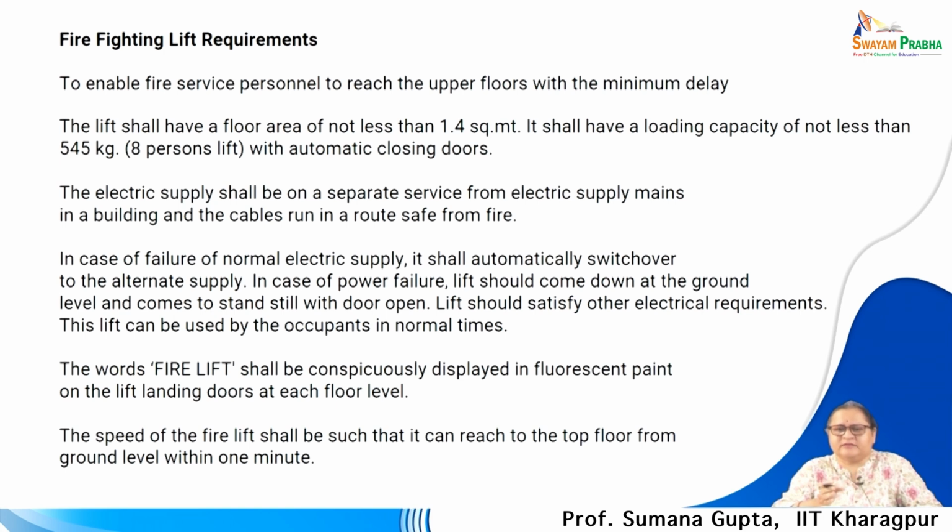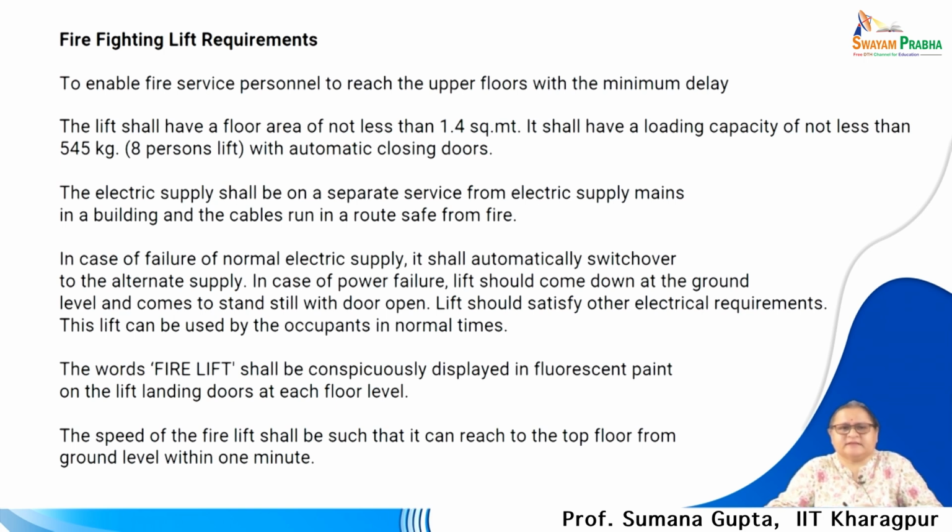Based on that, the speed of the lift has to be decided considering the height of the building, because you cannot take a very slow lift to the 30th floor or the 60th floor and say that you got delayed because of it. So, the mandate, as per the rules, is that the lift speed should be such that it reaches the topmost floor within 1 minute.